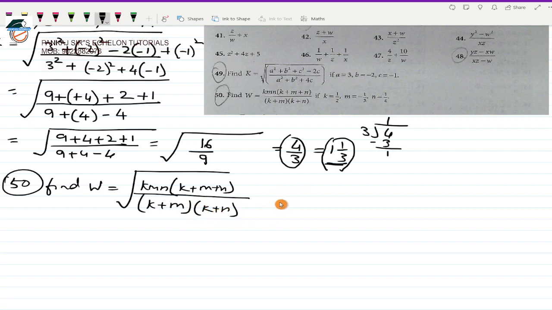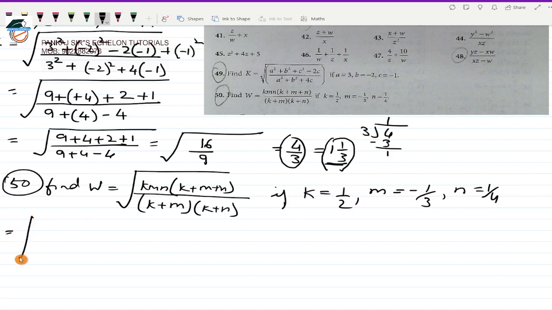Okay, and the values that you have to take is k equal to 1 by 2, m you will have to take as minus 1 by 3, and n you have to take as 1 by 4. Okay, so chalo, let us work out.